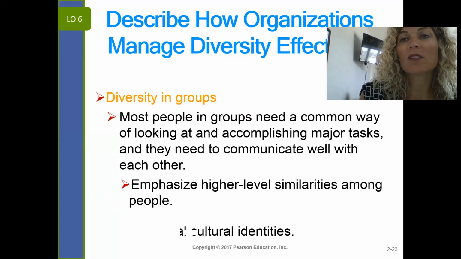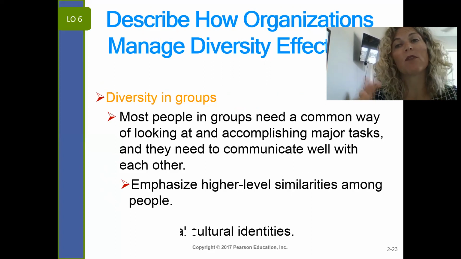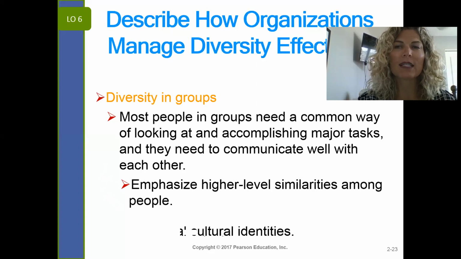Diversity in groups, so within the organization, means rotating people from one group to another so they can learn about others, and doing icebreaker type activities so employees can get to know one another beyond just what they do here at work, right?